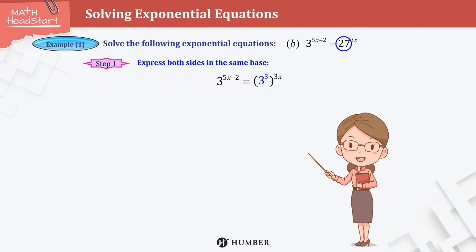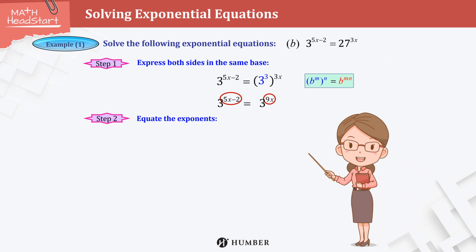Using the power rule of exponential properties to write the right side as 3 to the 9x. Now that we've written both sides in the same base 3, we can equate the exponent as 5x minus 2 equals 9x.